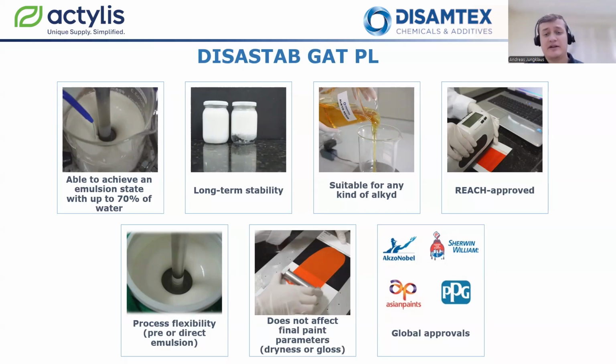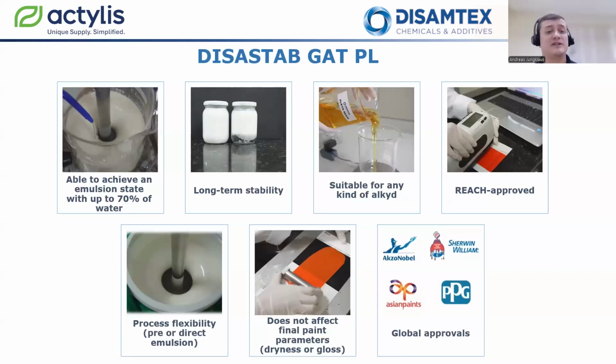And another advantage is that it's REACH approved. So for those related to the European market, the emulsifier complies with European Union chemical safety regulations, meaning it's safe for industrial use and more globally marketable. Number 5 is process flexibility.